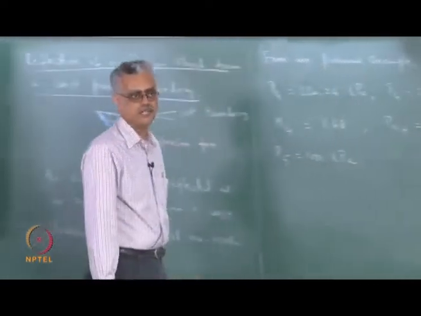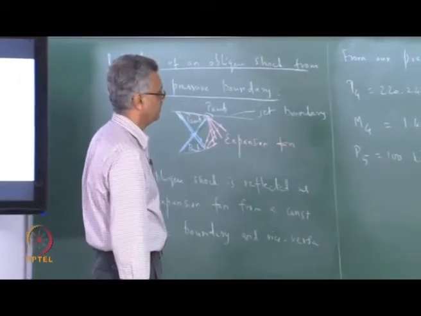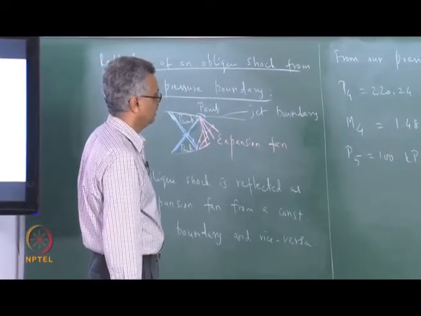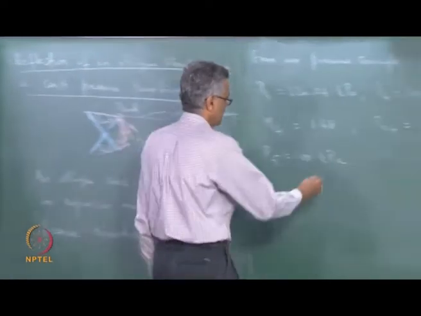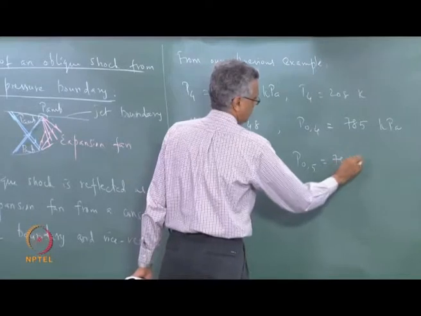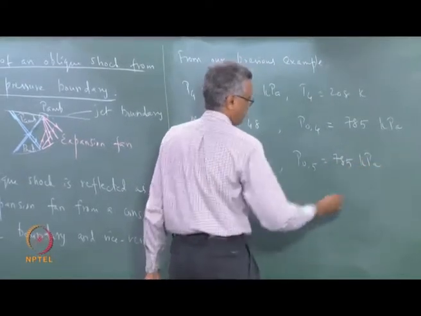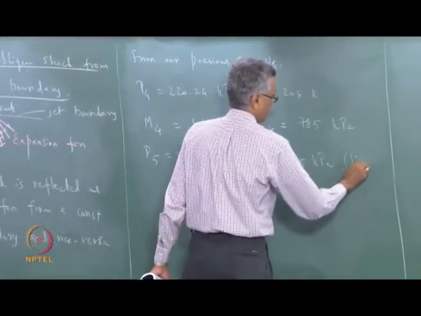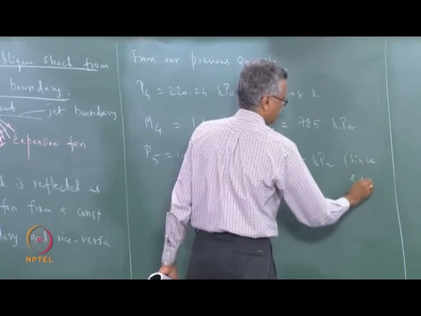The expansion fan is an isentropic process. So, in this case P05 is also equal to 785 kPa, since the expansion is isentropic.